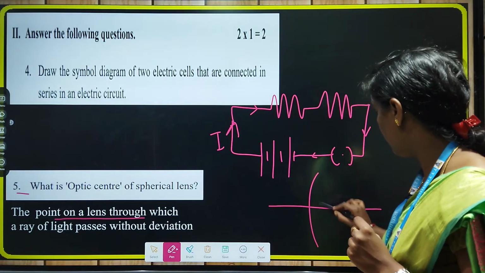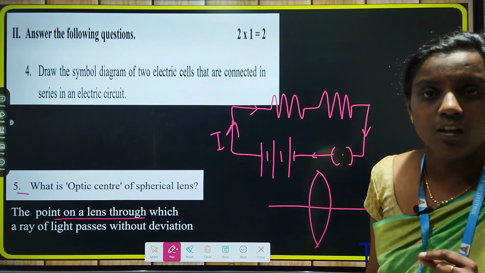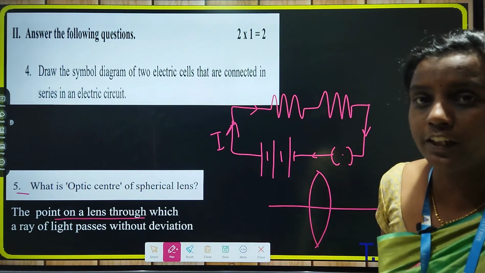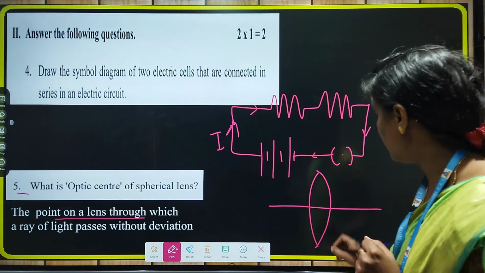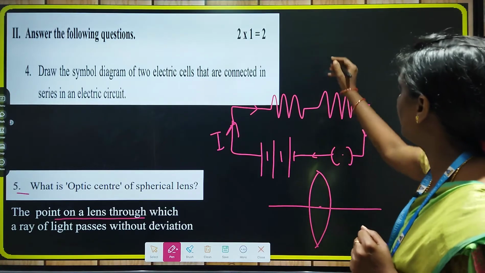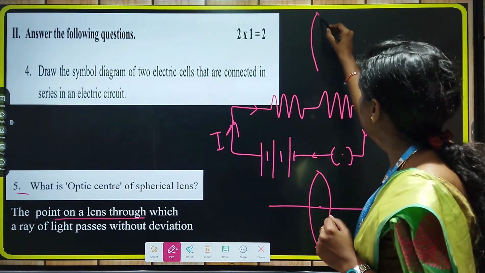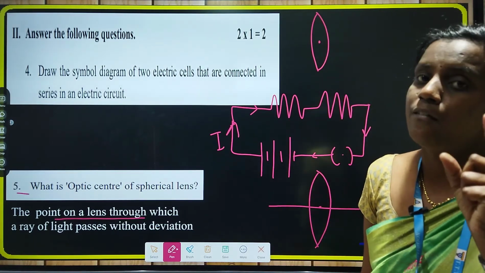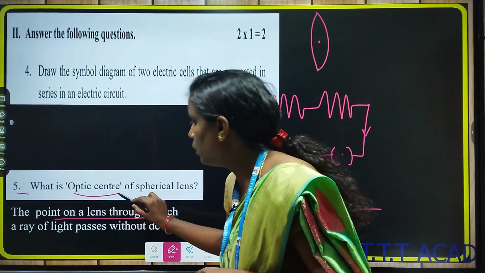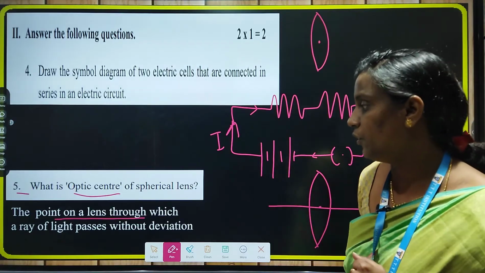When you take a spherical lens, such as a convex lens, the center point of the lens will always represent the optic center.